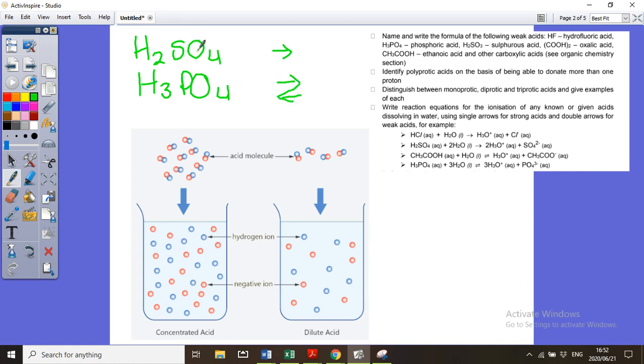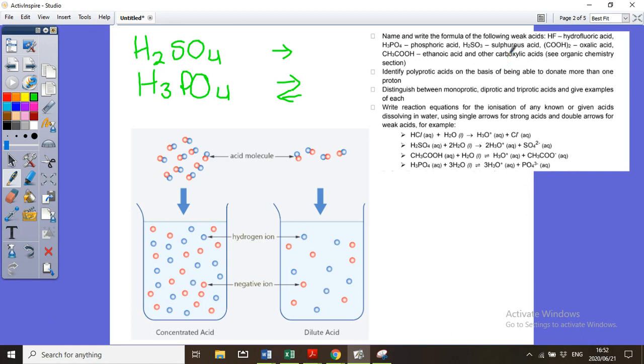For our purposes, it's only the 3 strong acids that we're going to look at. All the others are considered weak, and these are the ones you need to know: hydrofluoric acid, phosphoric acid, sulfuric acid, and then all the organic acids will be seen as weak acids.